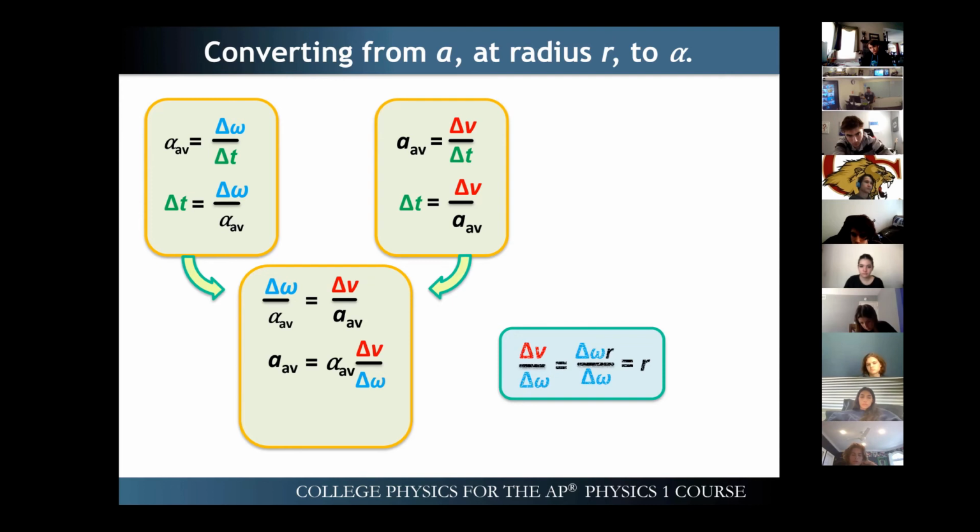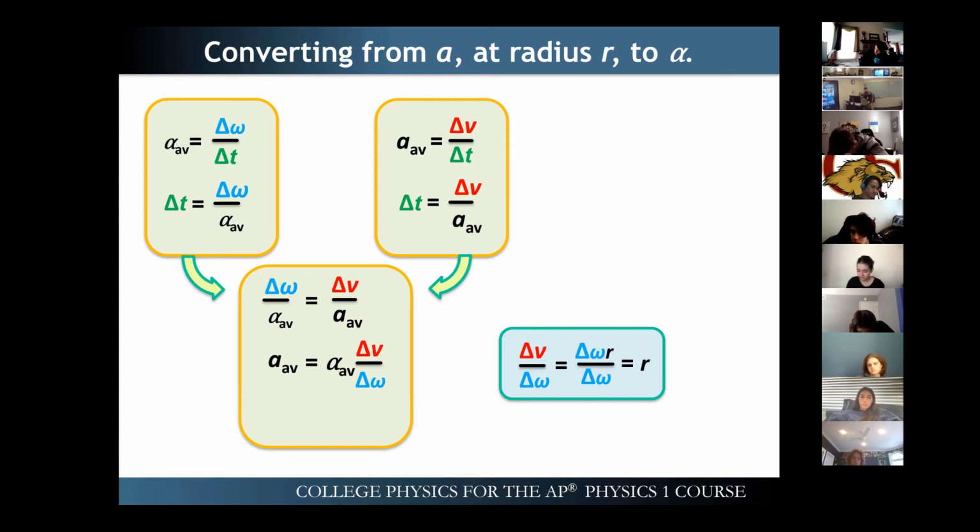Well, we know that if we have delta v over delta omega, we just learned a couple of slides ago that delta v equals delta omega times the radius. That's what we figured out last time we did one of these little derivations. So if we substitute delta omega times radius in for the delta v, the omegas cancel, and this simplifies to r.